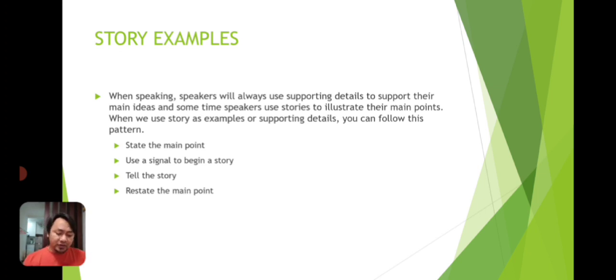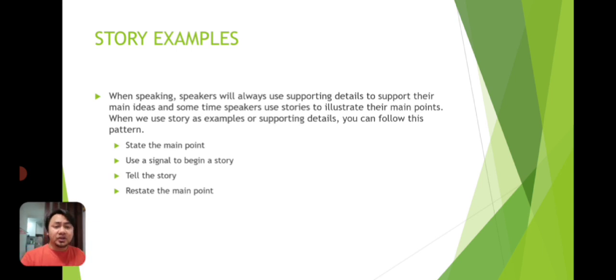When we give main points and then supporting details, one of the ways to support our point is by providing a story as an example. When we would like to illustrate our main point, one way is by giving a story example.